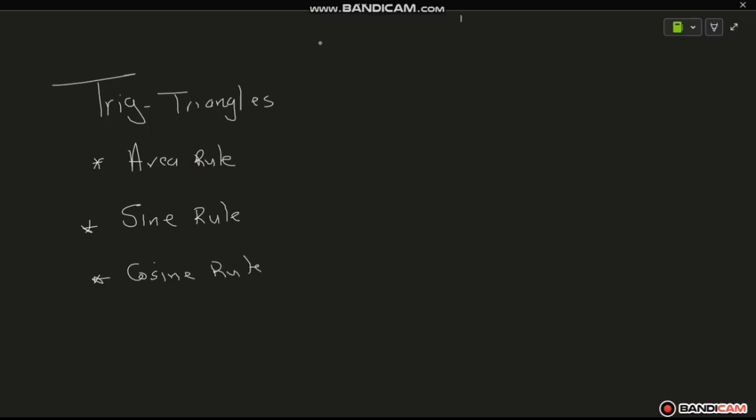So it's area rule, sine rule, and cosine rule. It's very important for you to know the properties of the area rule, the sine rule, as well as the cosine rule. So if you're in grade 11 and grade 12, this is your stuff. You understand this topic better than me. Okay.